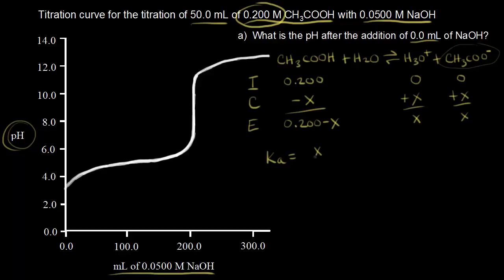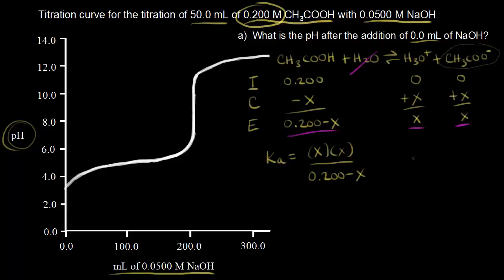All right, so this would be x times x. So that's these two x's over here, our products over our reactants. And that would be 0.200 minus x, leaving water out of our equilibrium expression. If we assume that x is a really small number, a very small concentration compared to 0.200, we can approximate it and say that 0.200 minus x is about the same as 0.200.